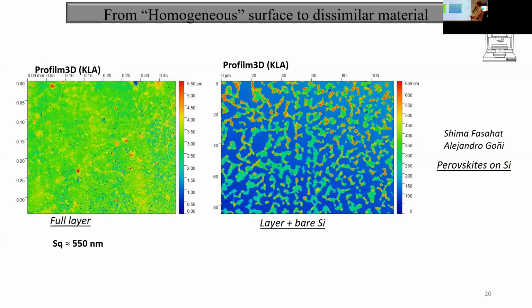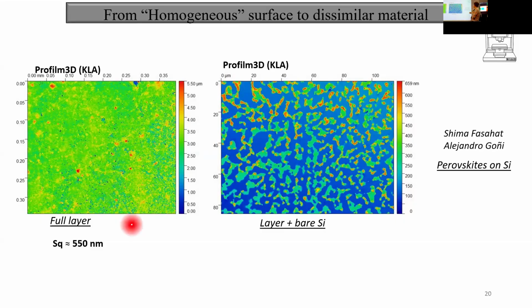And now we are entering a bit into the borderline cases. Okay, here we have 2 samples from Godney and Shima. In here, they have a perovskite on silicon, but a full layer, okay? And we can measure the roughness, and I trust this measurement quite a lot.